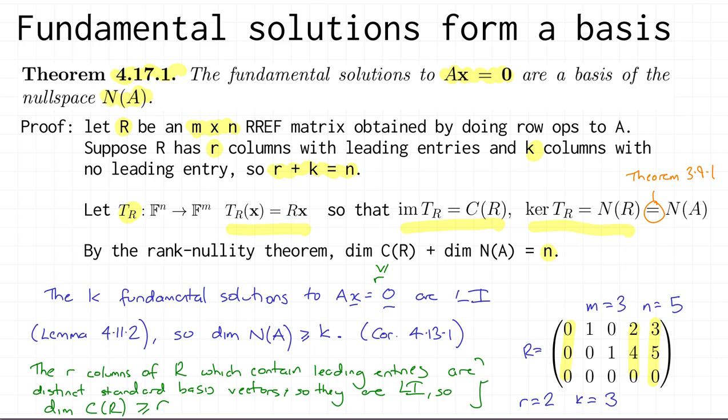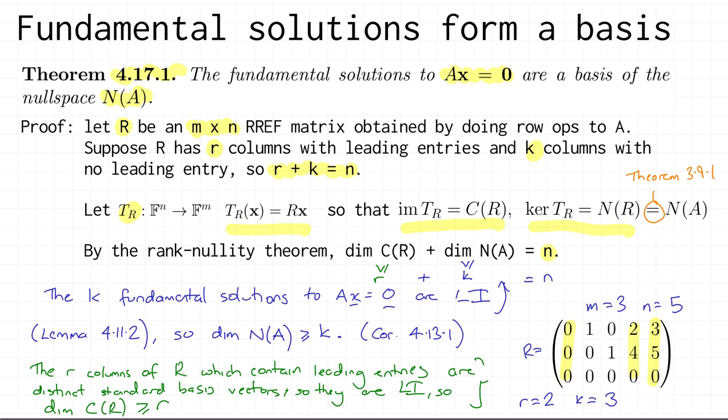And the other thing that we proved just here was that the dimension of the null space must be at least k. Okay, but r plus k is already equal to n. That was because every one of the n columns either had a leading entry or it didn't. So r plus k has got to be equal to n.